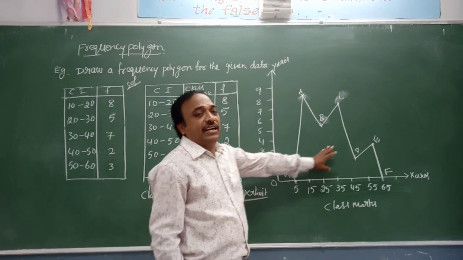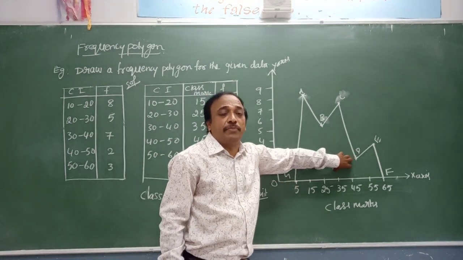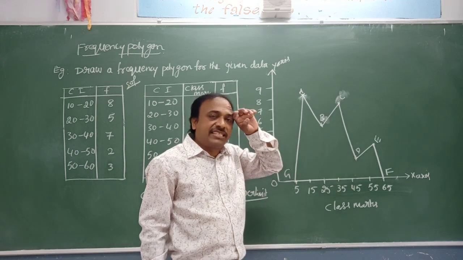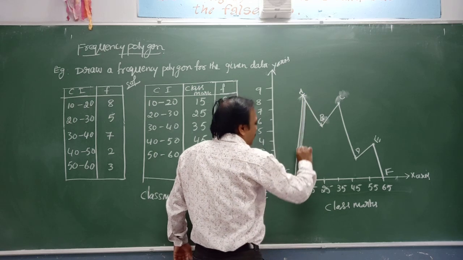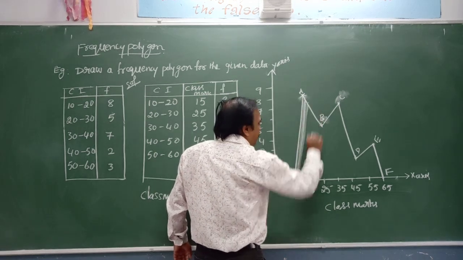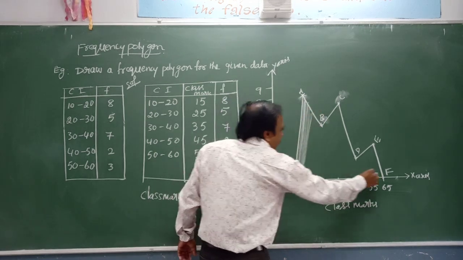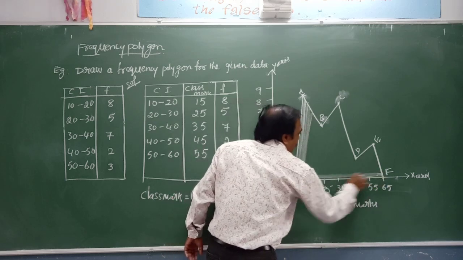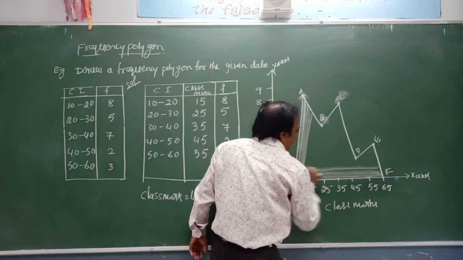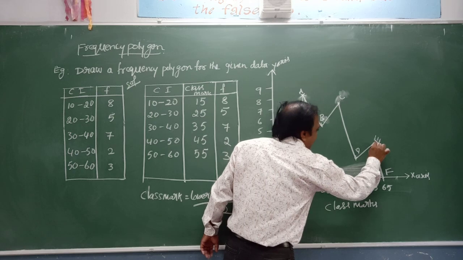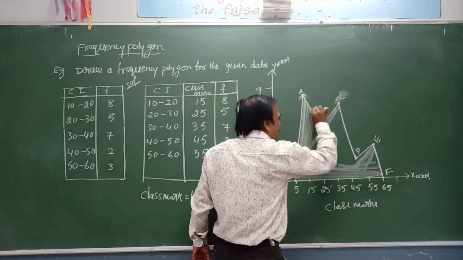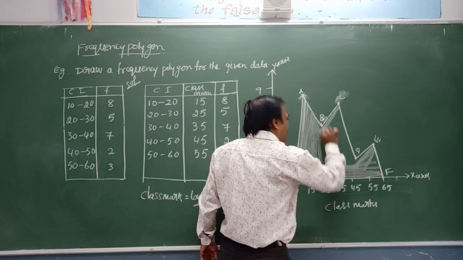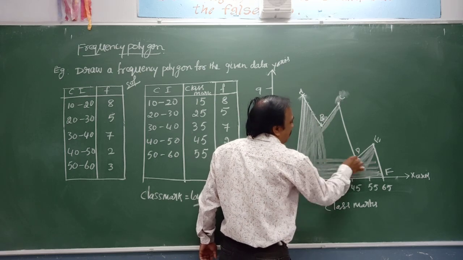Now we are obtaining a closed figure which is called a polygon. So this is the frequency polygon. If you shade this region, the shaded region represents the frequency polygon.